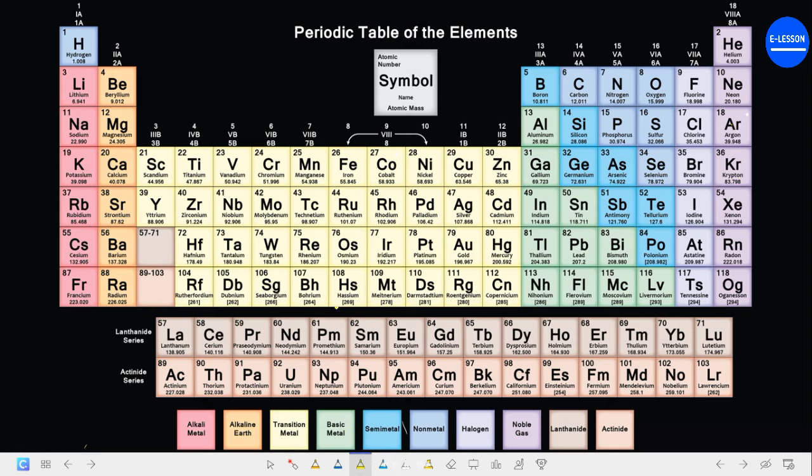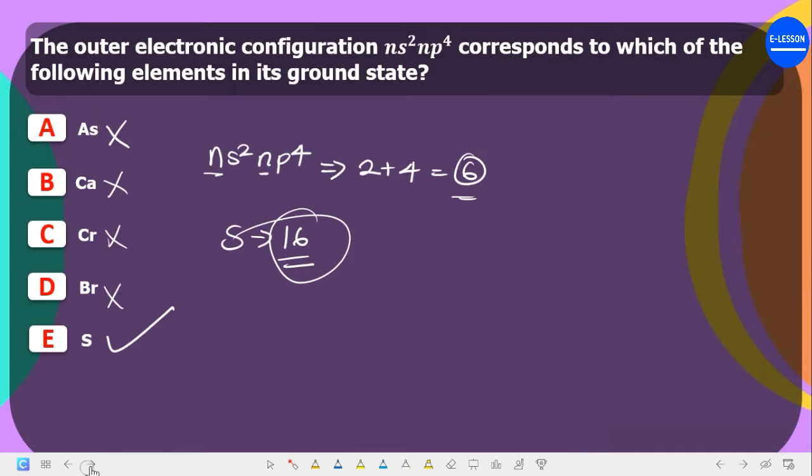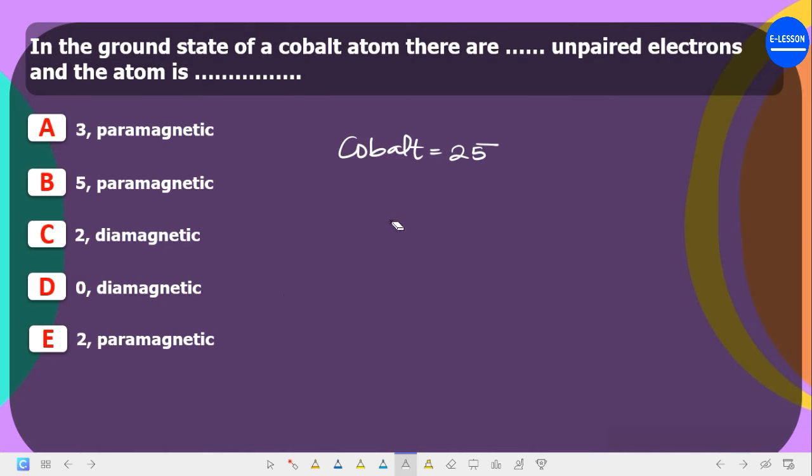Let me bring it out. This cobalt, you can see it has atomic number of what? 27. So you now come here and write atomic number of 27, not 25. So if cobalt is 27, what would be the electronic configuration?